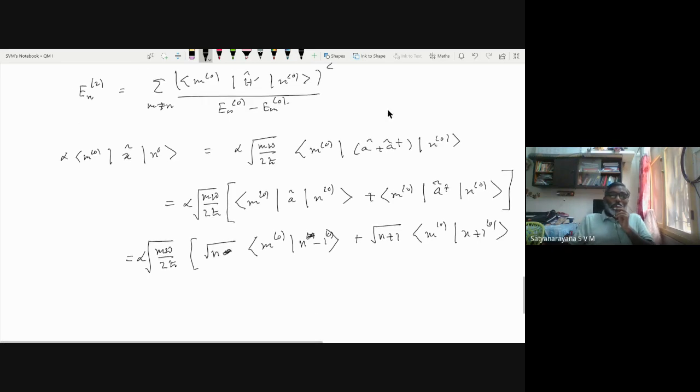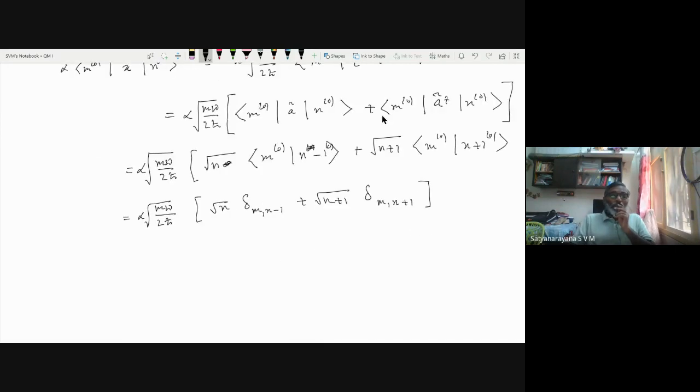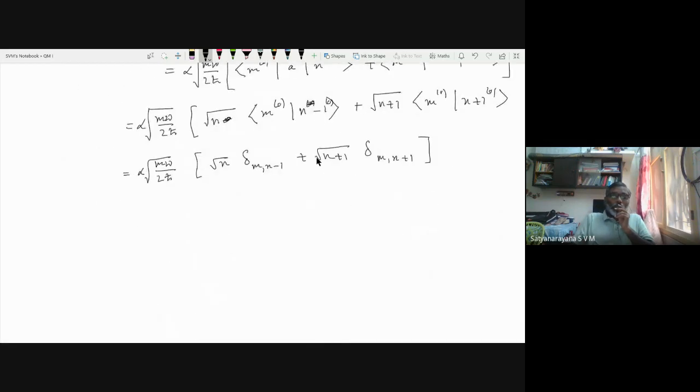So what will this give you? This gives you alpha root m omega by 2 h bar into root n delta m comma n minus 1 plus root n plus 1 delta m comma n plus 1. So whatever I have calculated, now my En2 will be equal to the sum over m not equal to n.